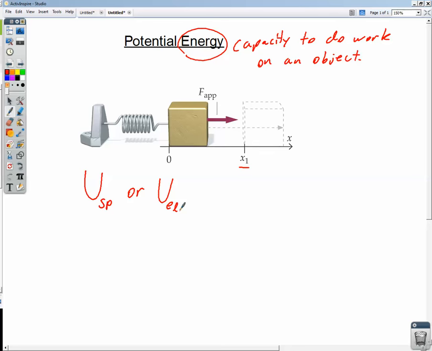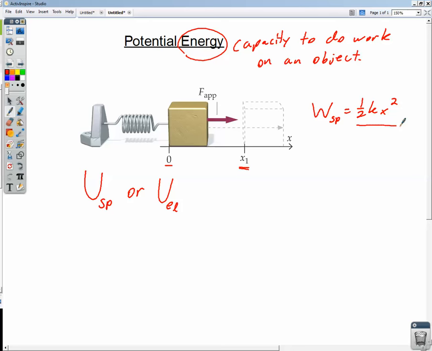Let's look at the work that can be done on this box in going from position 0 to position x1. The work, as we've already talked about for a spring, is equal to 1/2 kx squared. In this case, the spring is doing positive work on this block, speeding it up, so it has the capacity to do this much work, 1/2 kx squared, on the block.